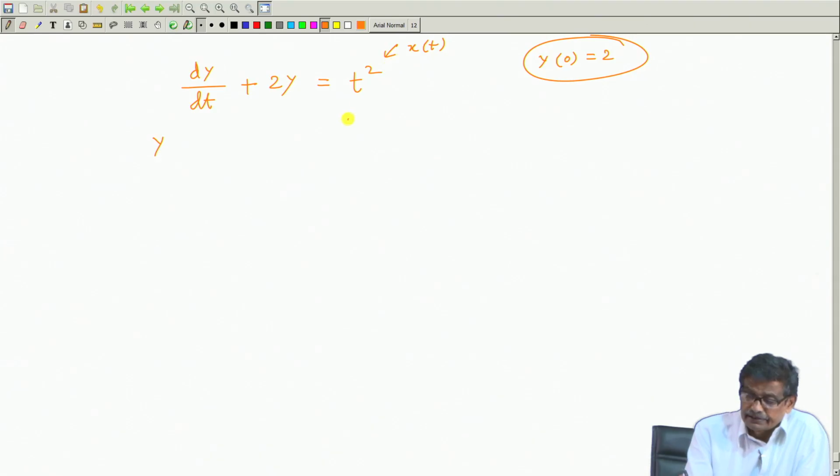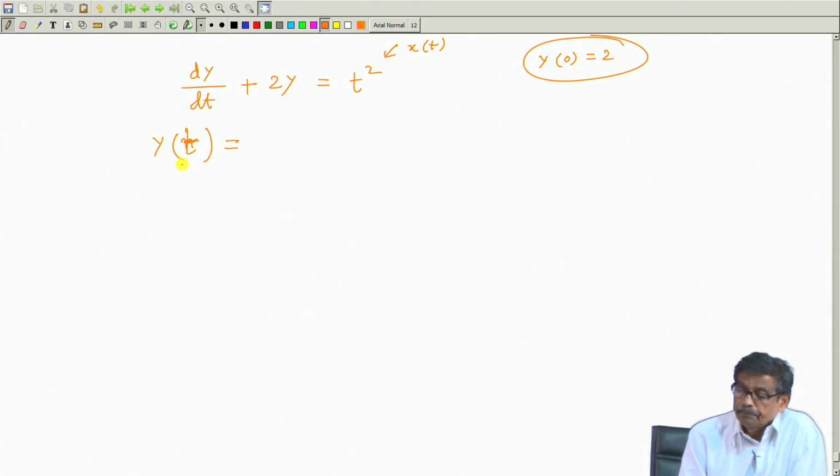I identify x(t), then the total solution y(t) will be: A into e to the power minus 2t, that is what we have seen, this term will be there. So this is the natural response.